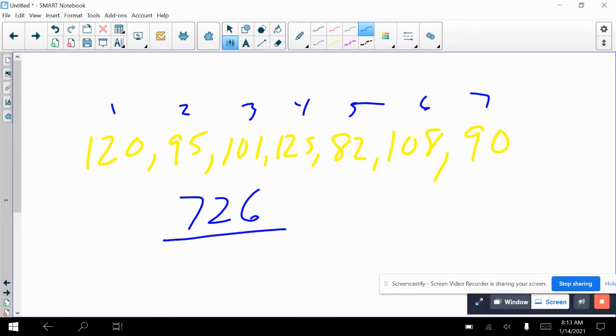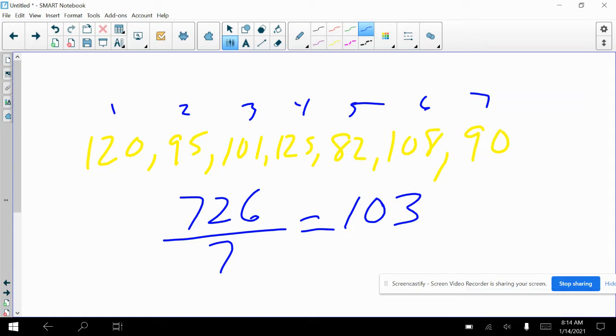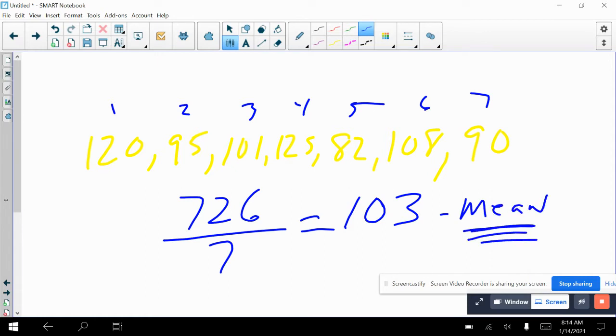I take that number and I divide it. That's my divisor. And when I divide that out, I get 103. So 103 is the mean of that data set. That's the average, Michael.